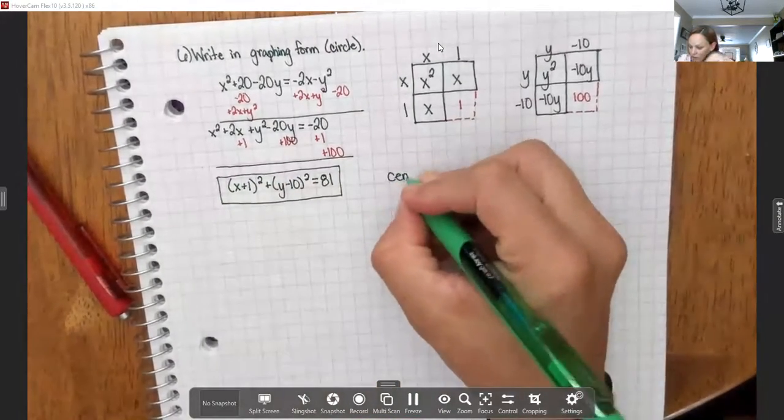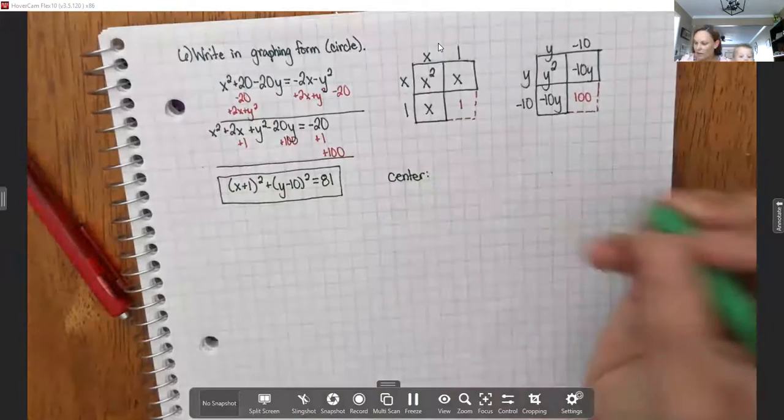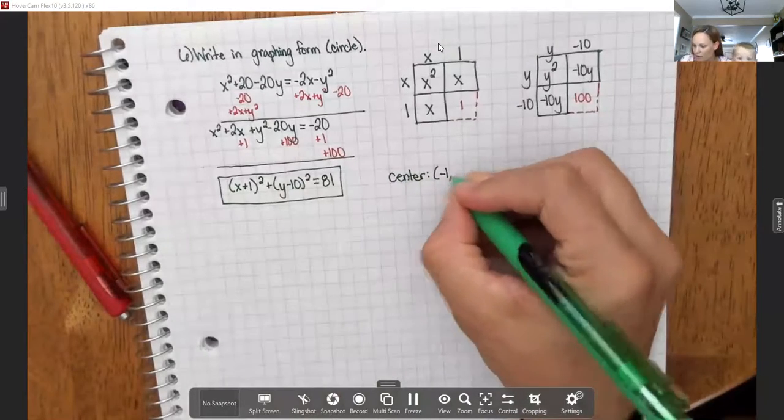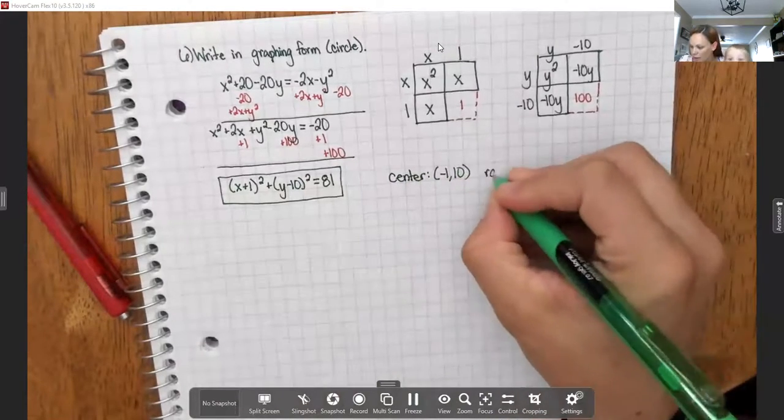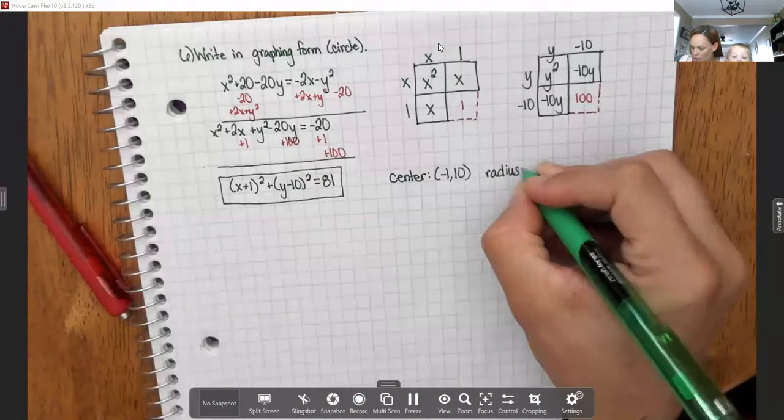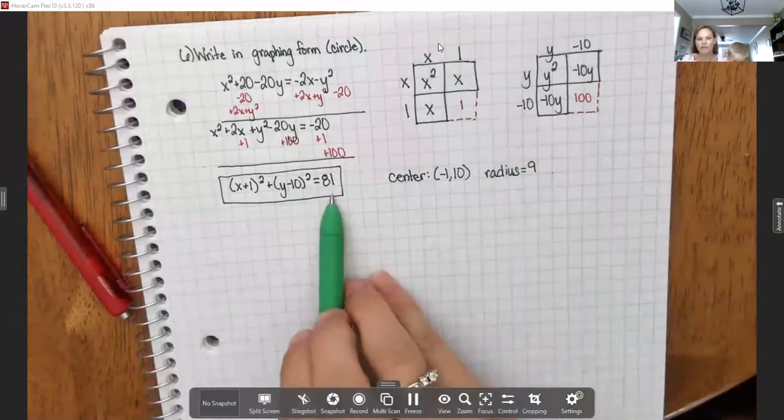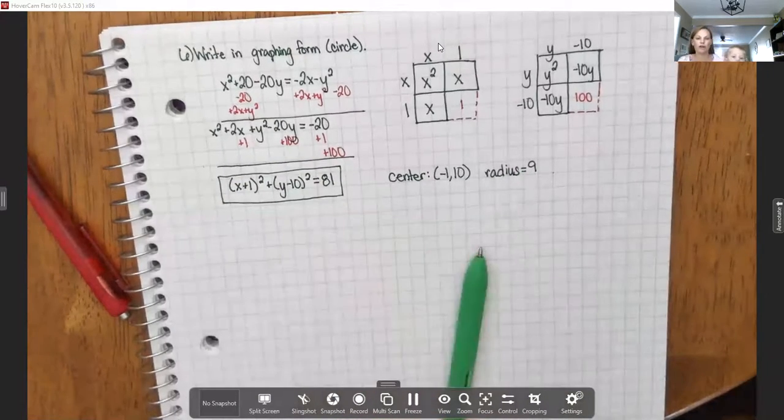So just to remind you, the center of this equation would be negative 1, 10. And the radius would be 9, because you take the square root of 81 to get the radius.